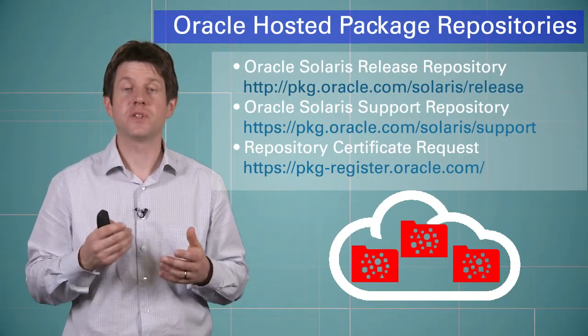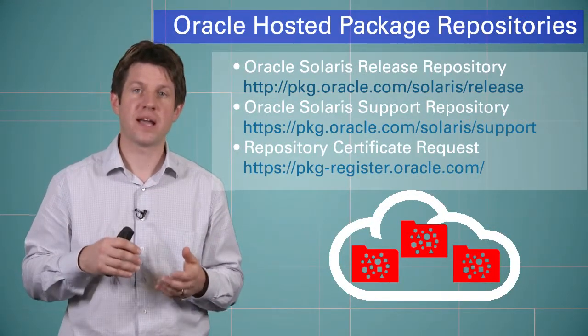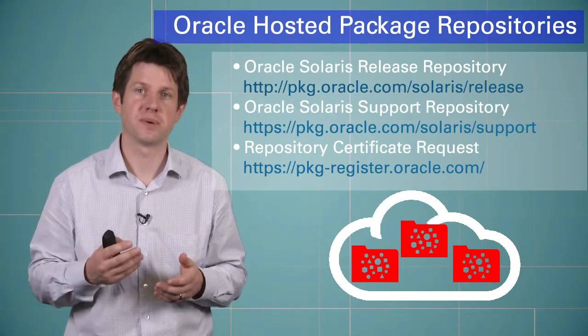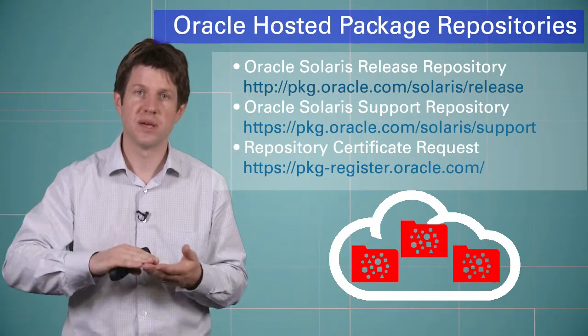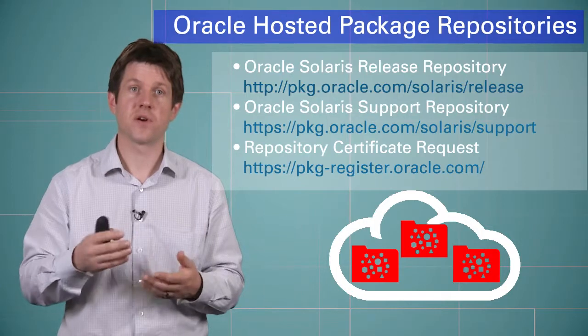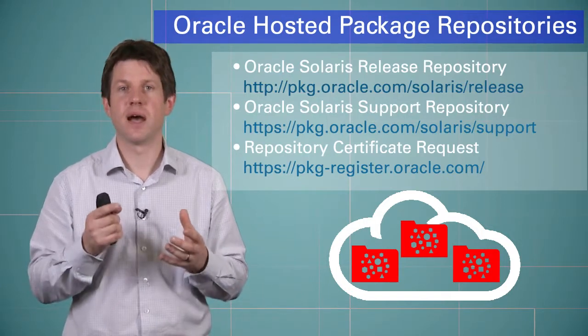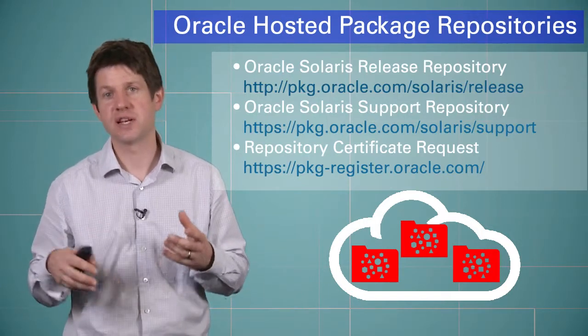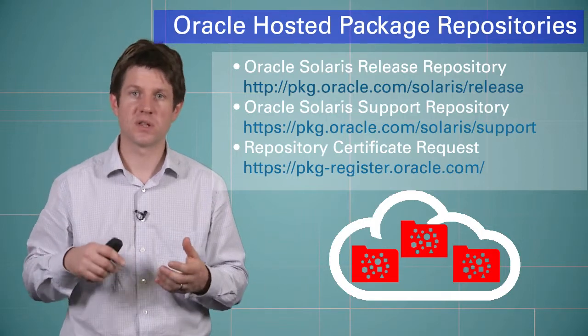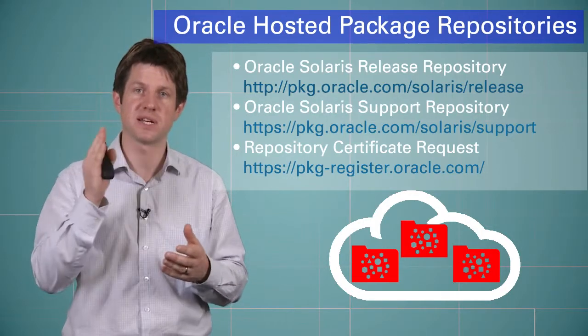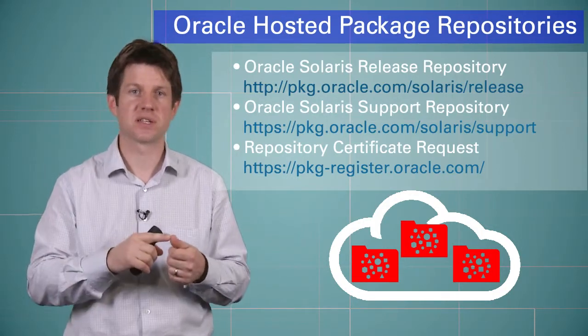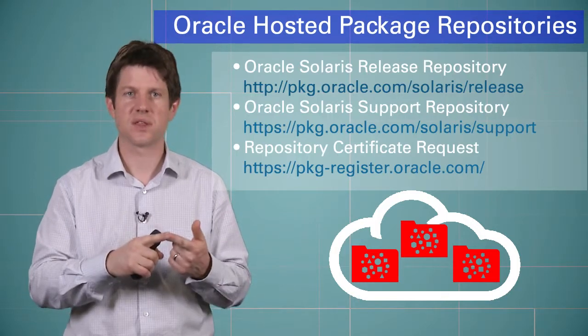Now with IPS, we also make a number of package repositories available for you to be able to download your software from. So we've got package repositories hosted from Oracle. Now we've got two package repositories. One's a release repository where we store the software that's available on particular release boundaries, such as Oracle Solaris 11.2, Oracle Solaris 11.3.